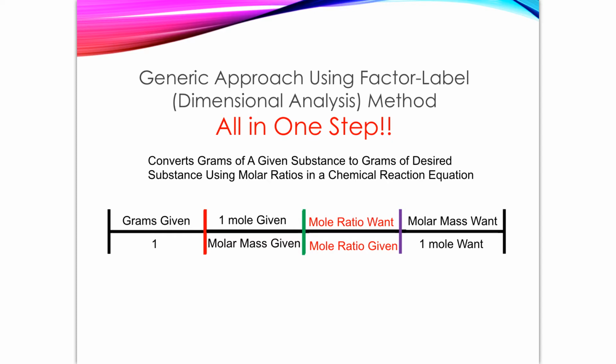In my first step here, if I go from this block to this block, this is going to give me grams given, and I'm going to use the big G circle for given, to moles of given. If I stop the calculation right here, I would have moles given.